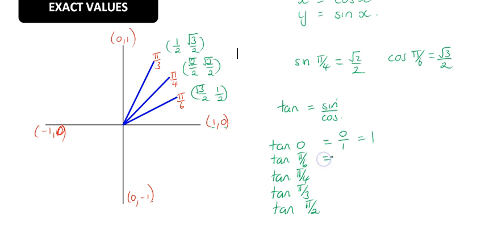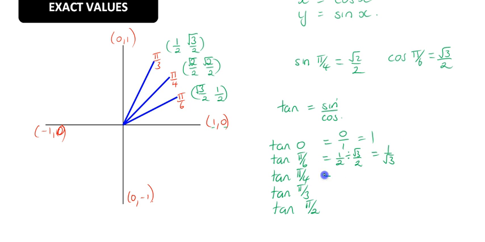Tan of pi on 6 would be a half divided by root 3 on 2. Now remember, when we divide by a fraction, we times by the reciprocal, or in other words, we flip that second fraction over, so that gives us 1 on root 3.